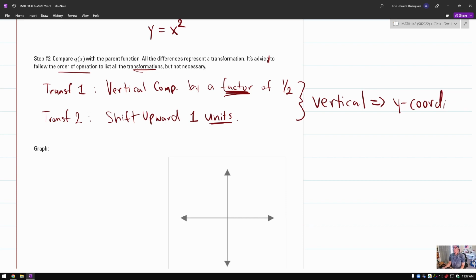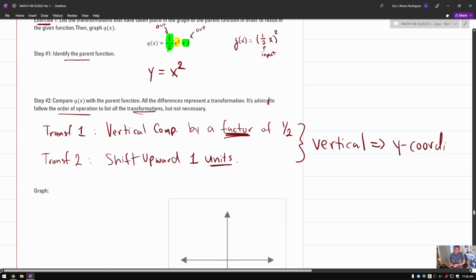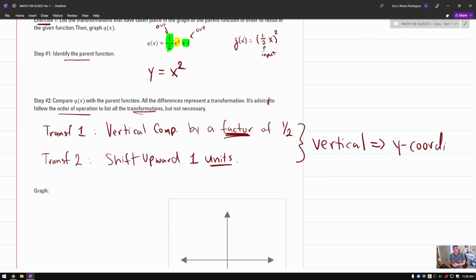This is important because we now know that what we are going to do is change the y coordinates. But from where are we going to get the y coordinates? What points are we going to use? Is there any reason for having key points for the parent function?